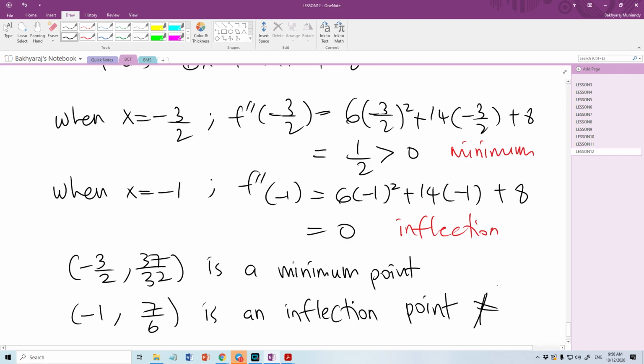So we have one with minimum, another one is inflection. Don't simply conclude kalau you dapat minimum, another one is maximum, eh? Not like that. So please verify, okay, whether it is more than 0, less than 0, or equals to 0.